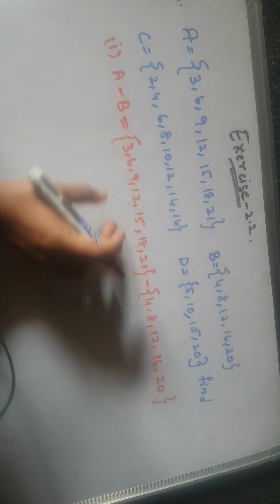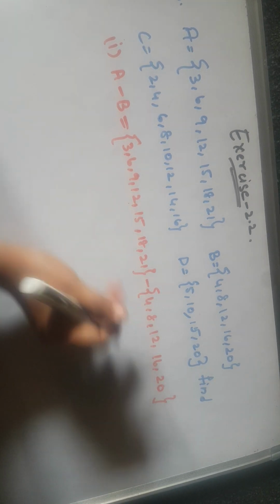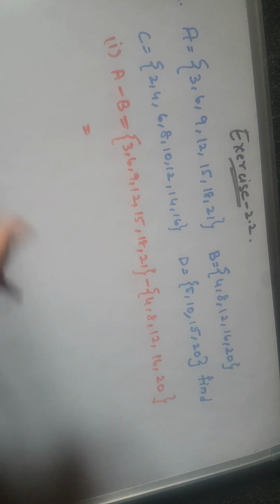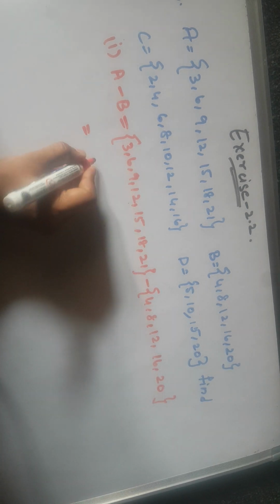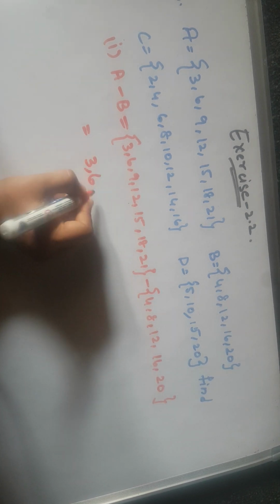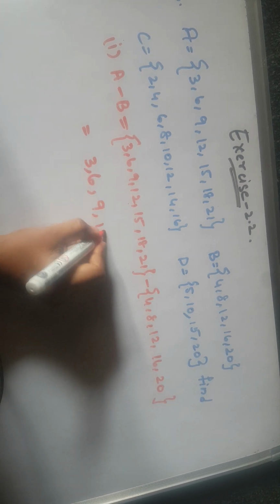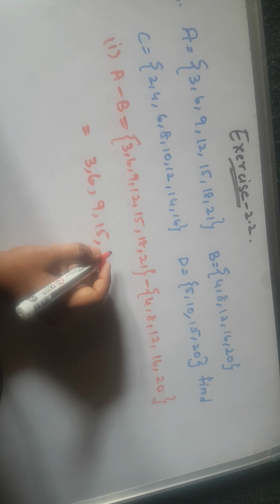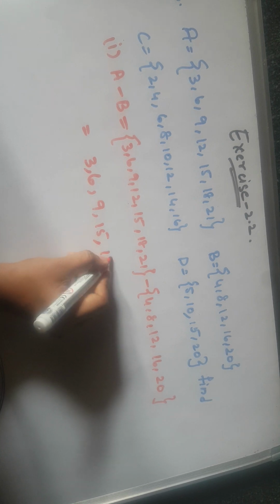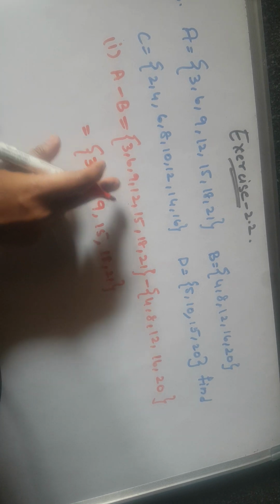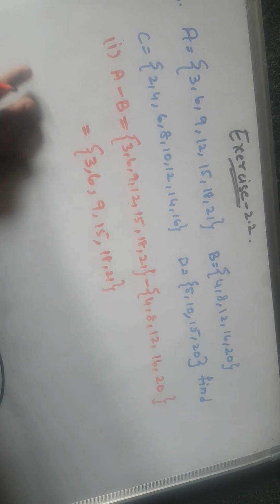Now we have to take only the values of A, not even a single term which is common with B. 3 is not present in B, so take 3, 6, 9. 12 is present, so cancel 12. 15, 18 are not present, so 18, 21. These are the values of A minus B. 12 is present, so we are cancelling 12.